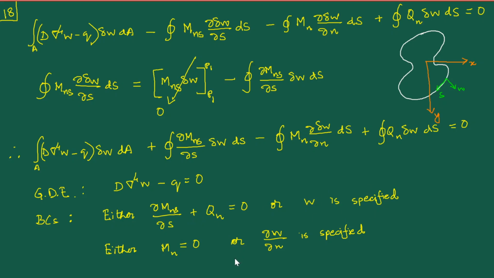Similarly, if the plate is clamped, the slope del w del n would be 0, so we have to reject this term. But if our plate is simply supported, then we have to consider this mn equal to 0, which represents the moment. So a simply supported plate would not have any resistance to rotation, and that would be given by the zero moment condition all throughout the periphery.